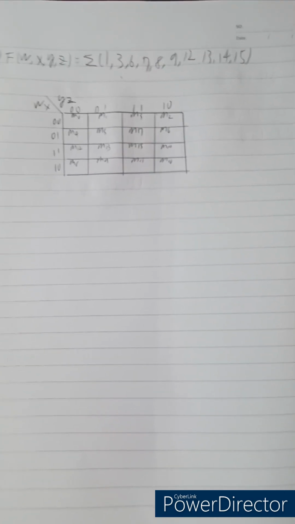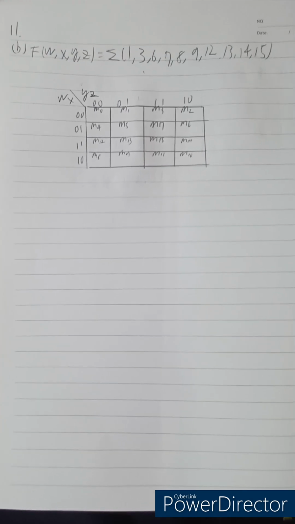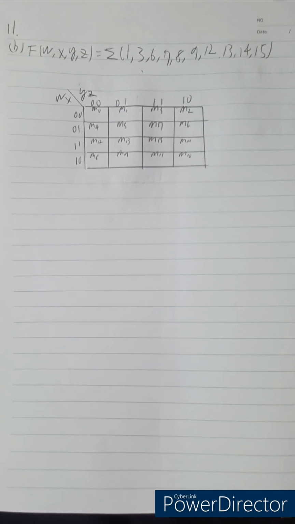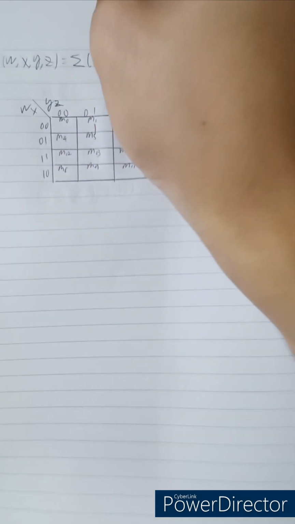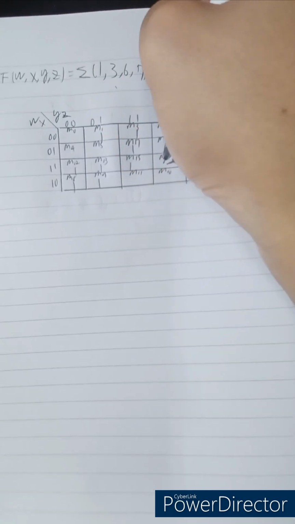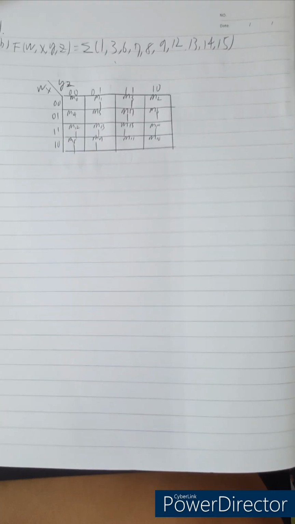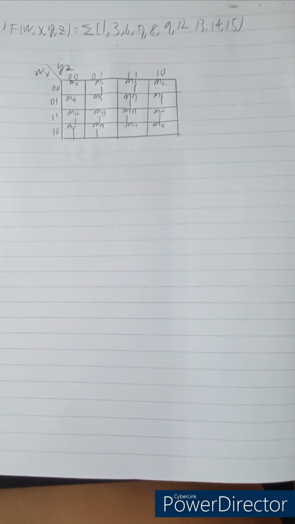To find all the prime implicants for the given Boolean function, we start by drawing the K-map for the function. Next, we are going to identify all prime implicants.